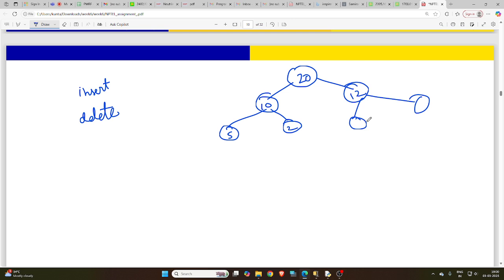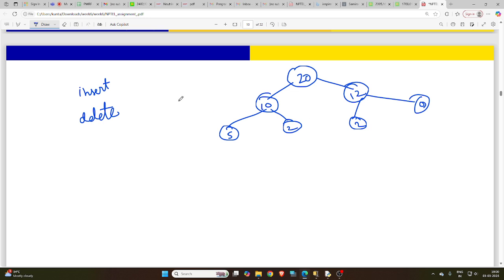And there is 2 and there is 10, 9. So this is a valid heap for our case.